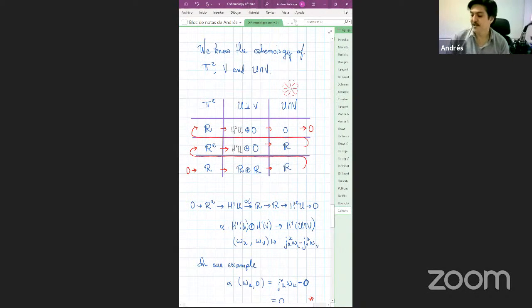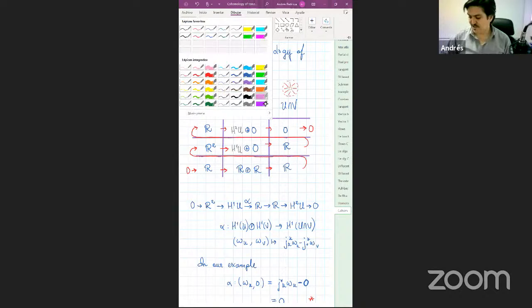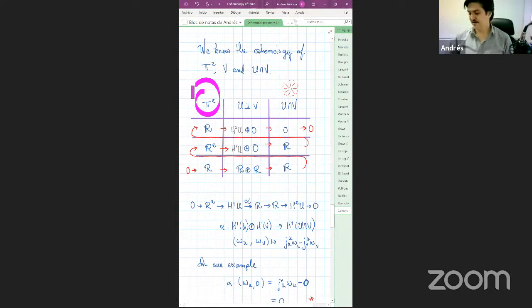The other important aspect of this computation is that we can use the Mayer-Vietoris sequence not only to compute the cohomology of the ambient manifold, but of some open set.